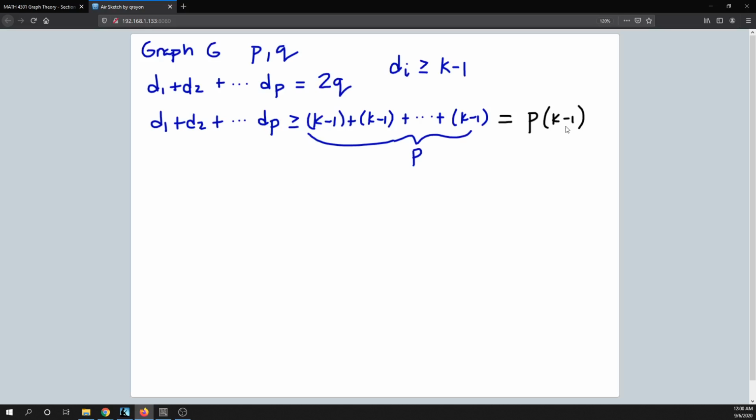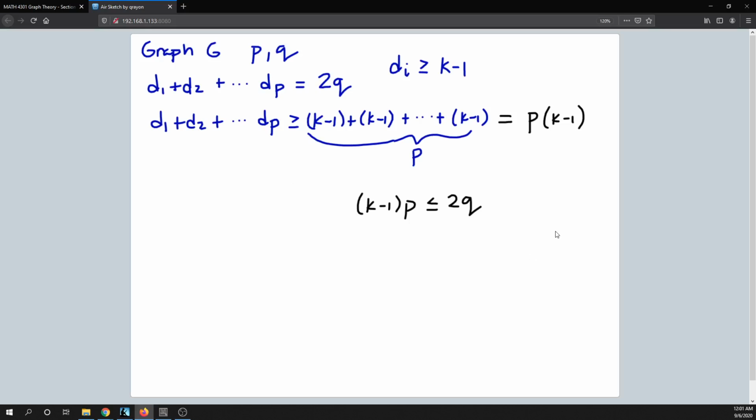Just putting all of this together, K minus 1 times P is less than or equal to the sum of the degrees, and the sum of the degrees is equal to 2Q. So P times K minus 1 is less than or equal to 2Q, and that gets us what we want here.